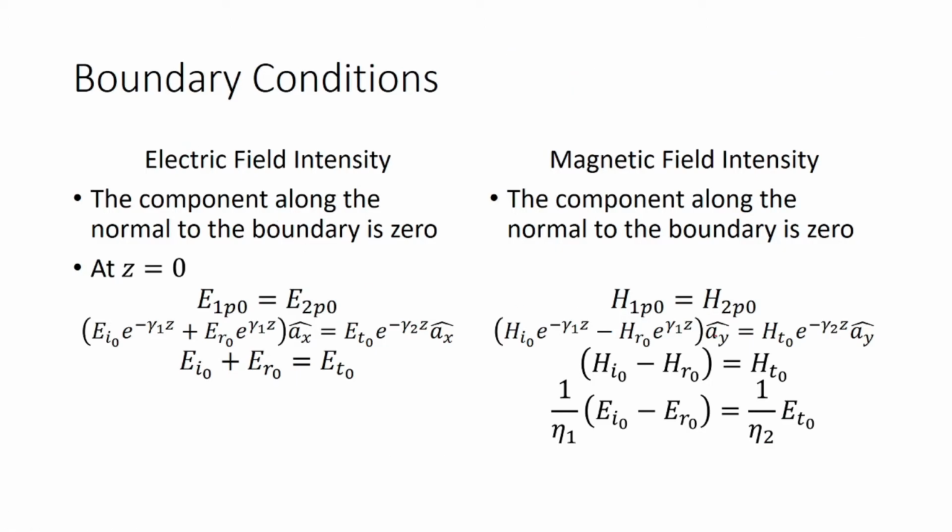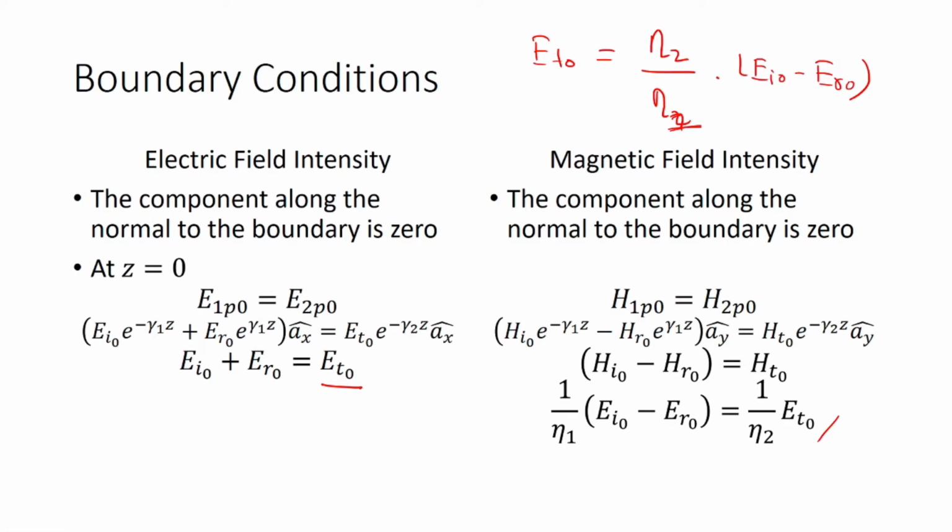If I determine the value of Et naught from this, I get that Et naught equals eta 2 by eta 1 times Ei naught minus Er naught. Similarly, from the other equation, Et naught equals Ei naught plus Er naught.